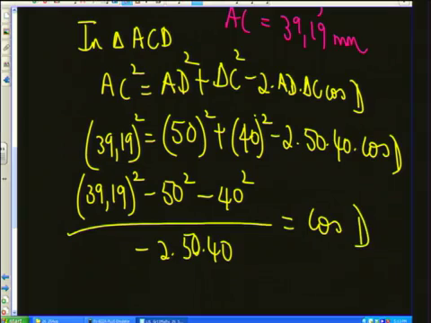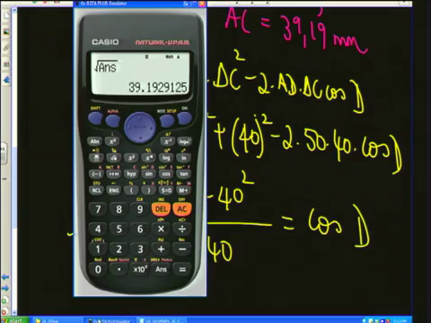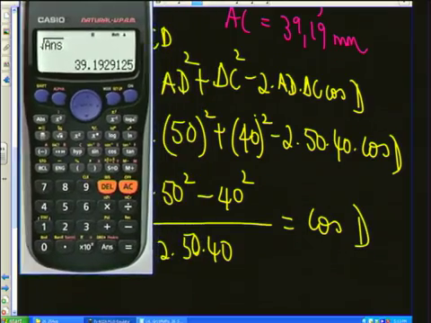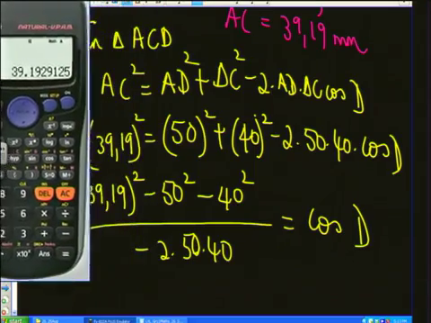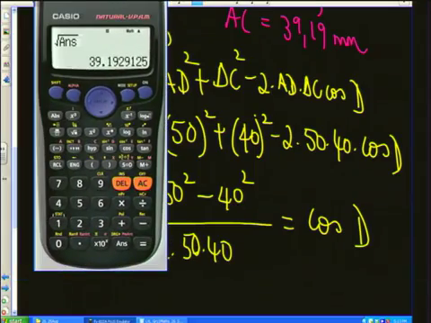So now our calculator will be able to help us to just simplify these values. So we have a 39,19 squared. Now, since I have it still on my screen from our previous calculation, I'm going to use all the decimal values. So that's squared minus 50 squared minus 40 squared.